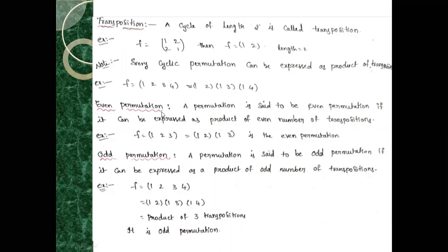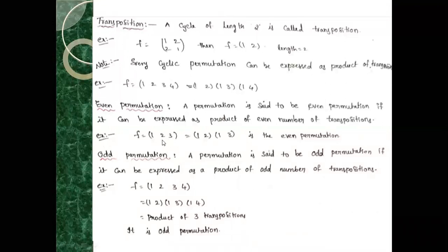Even permutation. A permutation is said to be an even permutation if it can be expressed as a product of an even number of transpositions. So for example, f = (1 2 3). The cycle length is 3.